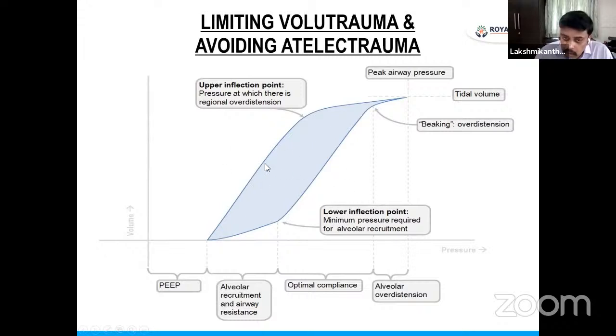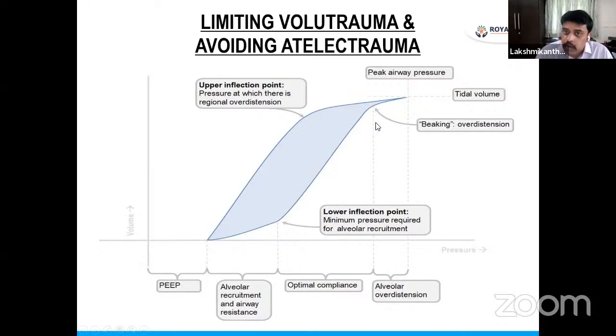As you can imagine in a balloon, once you start inflating it, initially you need to generate more pressure to open up the balloon. And once it reaches a certain stage, even with a small amount of blowing of air, the balloon distends very well. And it also reaches a certain stage after which, if you keep blowing, it bursts.